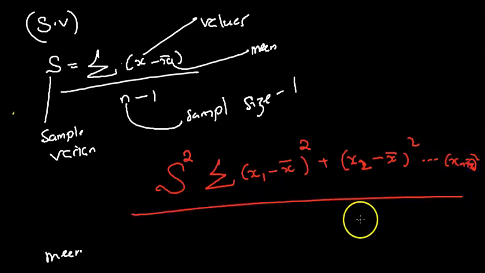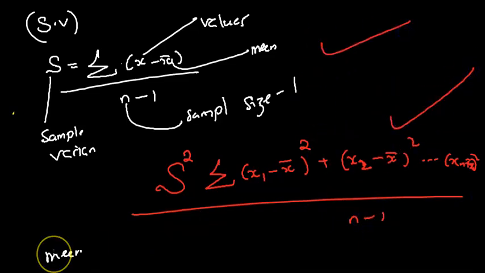We divide that by n minus 1. You need to understand that sample variance is simply a measure of how spread out the sample is. It is calculated by summing all the squared deviations from the mean and dividing by the sample size, then subtracting 1. This is what happened here.